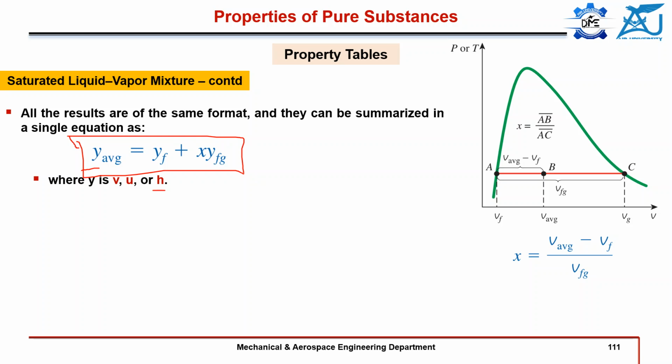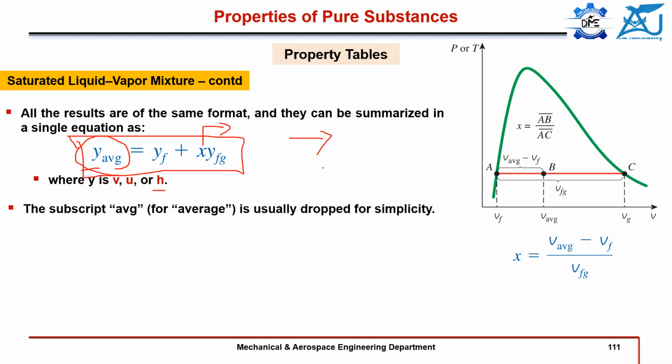So now if you are given a saturation temperature or pressure and you know the x as well, meaning the quality of your vapor, you can find out the properties of the vapor-liquid mixture.